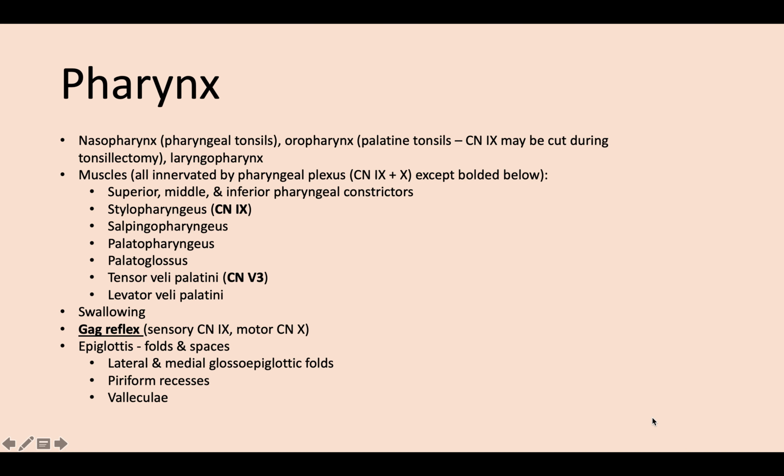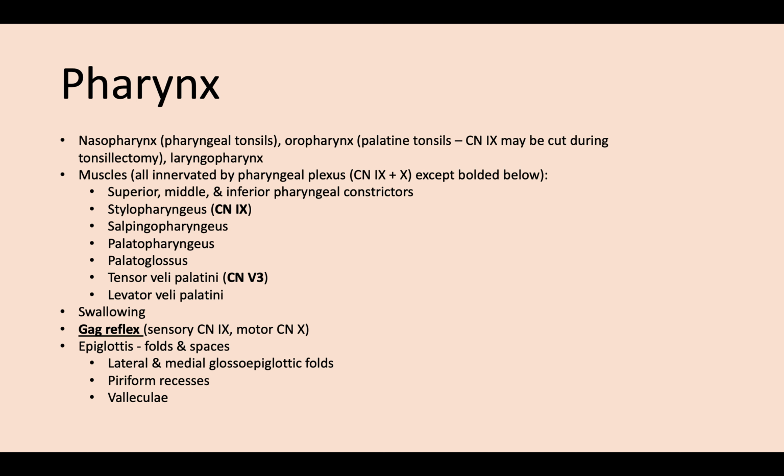Okay, let's talk about the pharynx. So all of our muscles are going to be innervated by cranial nerves 9 and 10. The important one to know is that all of them are innervated motor, like the motor is going to be cranial nerve 10, and then cranial nerve 9 is going to be sensory. However, there is an exception.